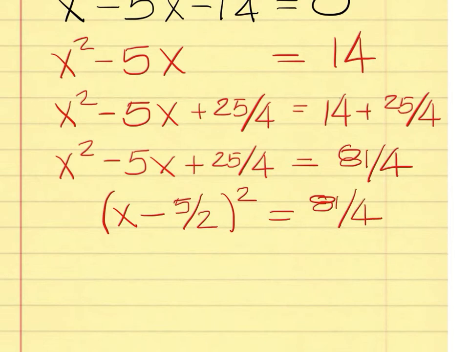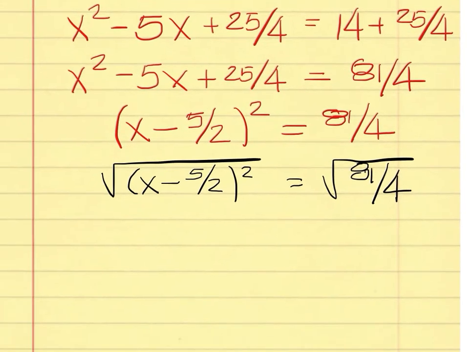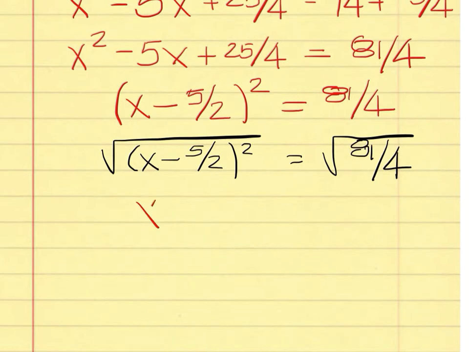I have to find the square root of both sides. On the left-hand side, the square root is simply x minus 5/2. To find the square root of a fraction, you find the square root of the numerator and the square root of the denominator.